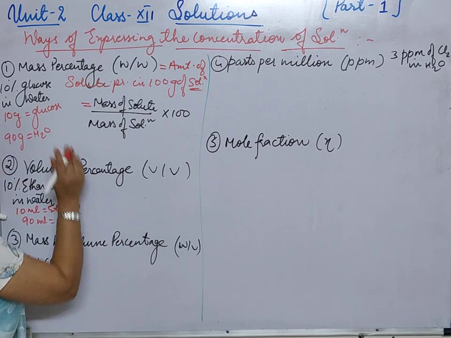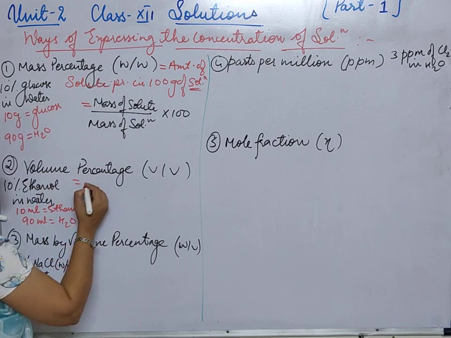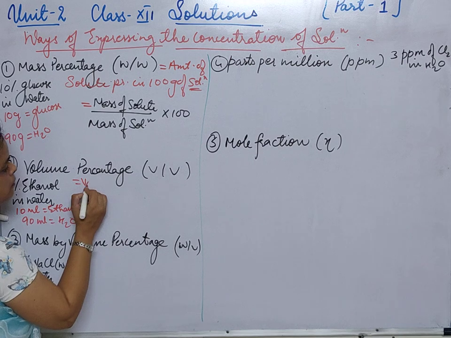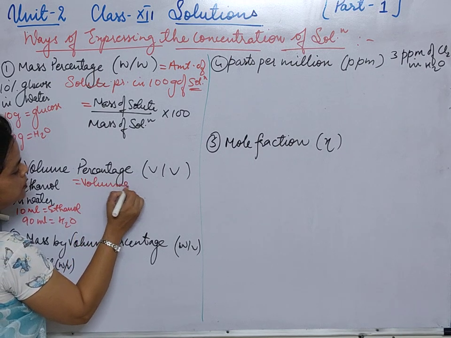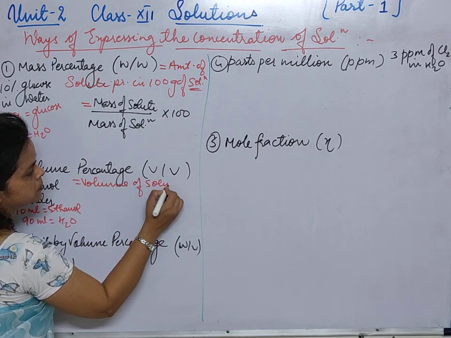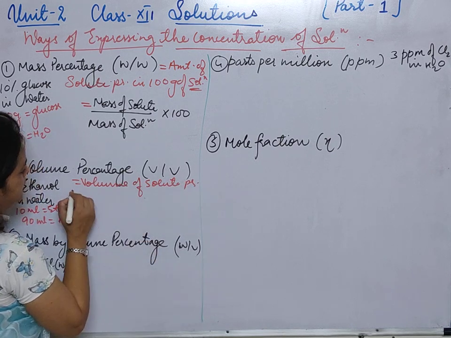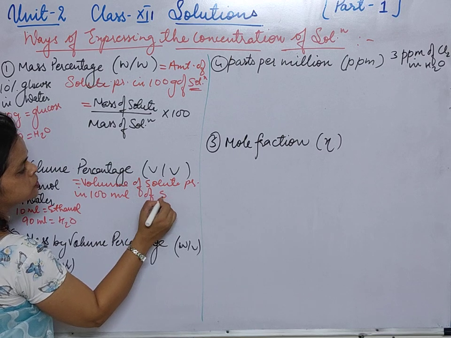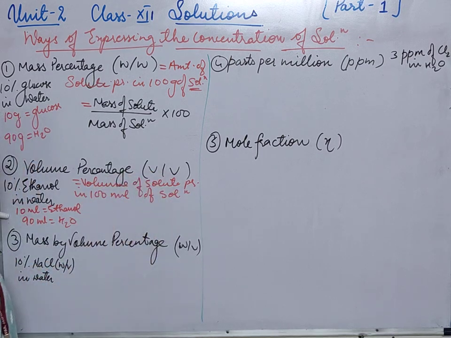So what is the meaning of this volume percentage? Instead of amount, I will now use the term volume: volume of solute present in 100 ml of solution. Okay, got the meaning?